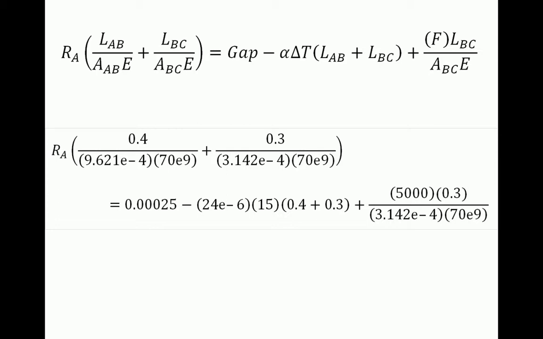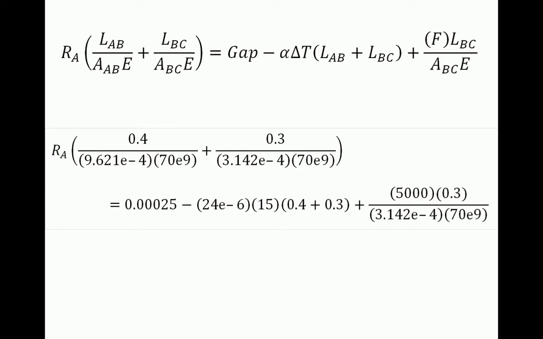And again, the nice thing about switching to consistent units is when you get to a long equation like that, as long as everything's in consistent units, we know, for example, when we solve for R sub A, it's going to come out in newtons, and so we don't have to write the units for every step. You can see we've just substituted in all of the knowns here.